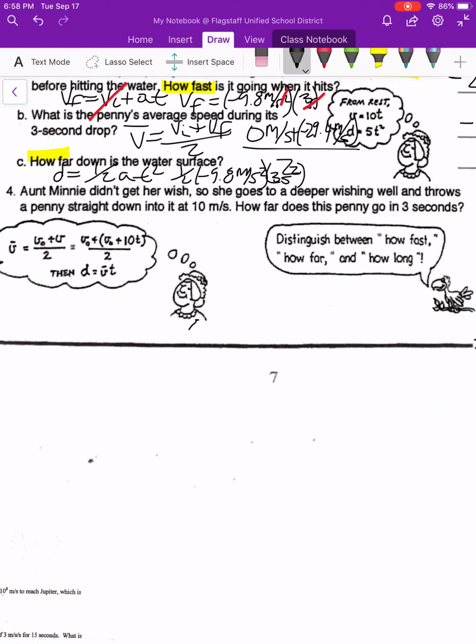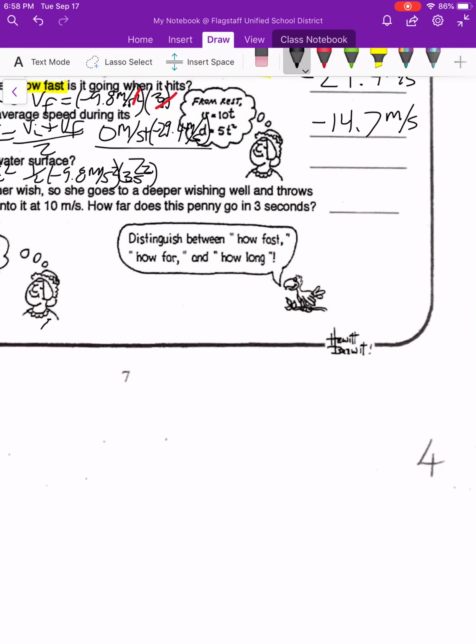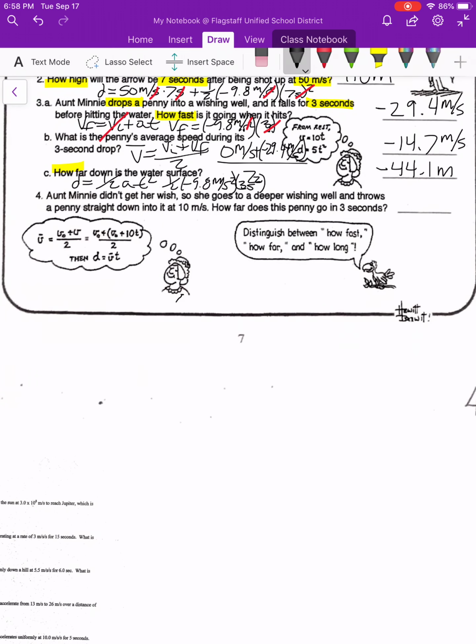Okay, that's about 90. Let me do it on my calculator. You'll get 88.2 divided by 2 gives me 44.1. Okay, 44.1 meters. And again, it's downward, so that has to be negative.